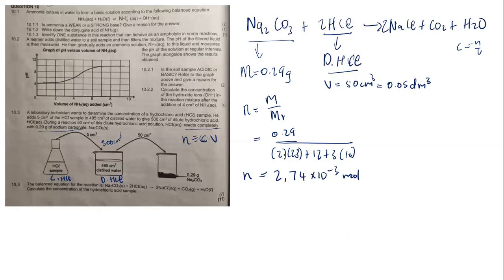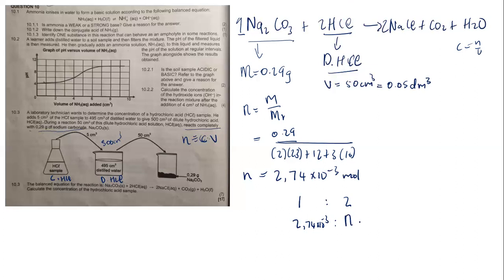According to the balanced chemical equation, I'm going to use the stoichiometric coefficients of my substances. So here I have 1, and for hydrochloric acid I have 2. And therefore, I have 2.74 times 10 to the power -3 moles of sodium carbonate, which is to how many moles of HCl? That's what I'm looking for.